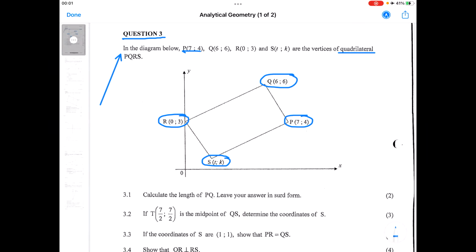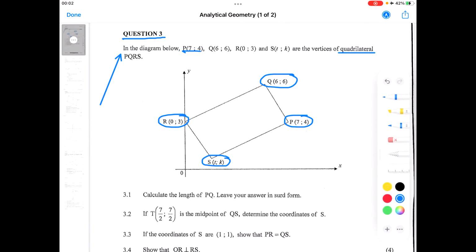So that means in this case, we are dealing with a quadrilateral having 3 known points and 1 unknown point, being point S. So, very quickly, let's try to have a look at the questions.